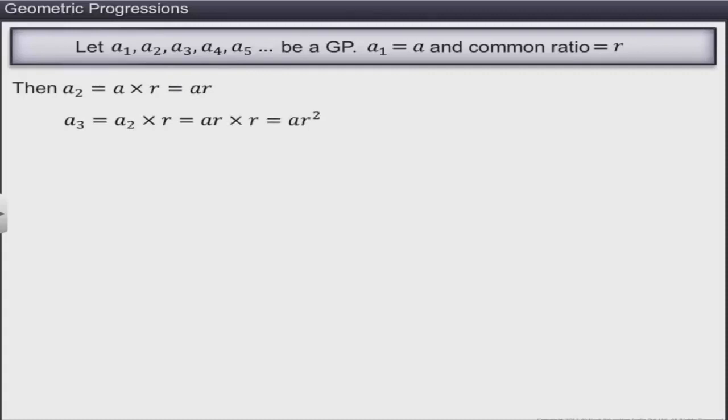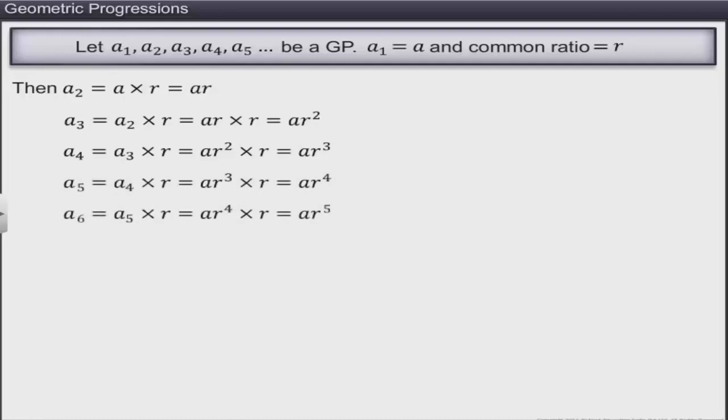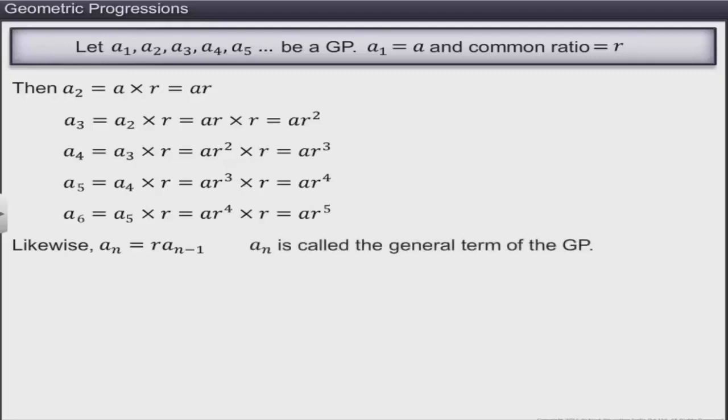Likewise, the nth term can be obtained by multiplying the common ratio R with the n minus 1th term. The nth term is also known as the general term of the GP and is denoted by A with subscript n. With the help of the general term or the nth term, we can find any required term in the sequence without actually finding the preceding terms. Thus, we have the general form of GP as shown.